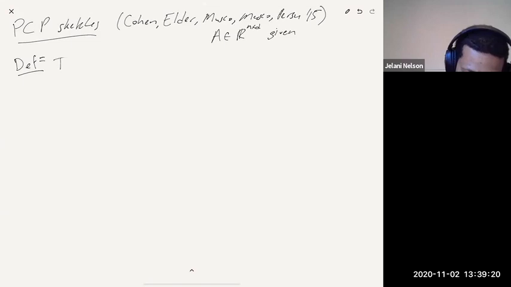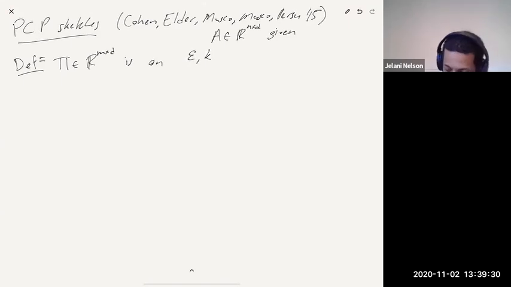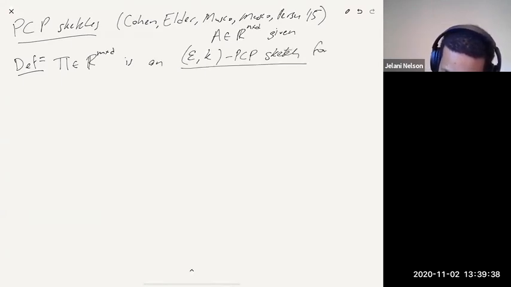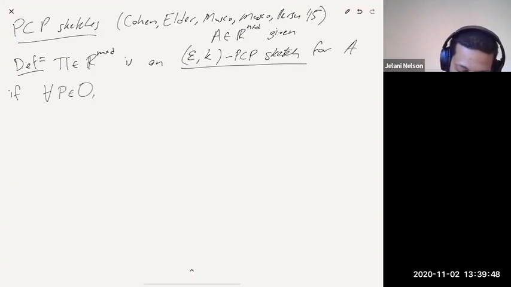I'll say that pi, let's say it's an m by d matrix, is an epsilon-k projection cost preserving sketch for A if for all projection matrices P in, I'll call it P_k, this is the set of all rank k orthogonal projections.